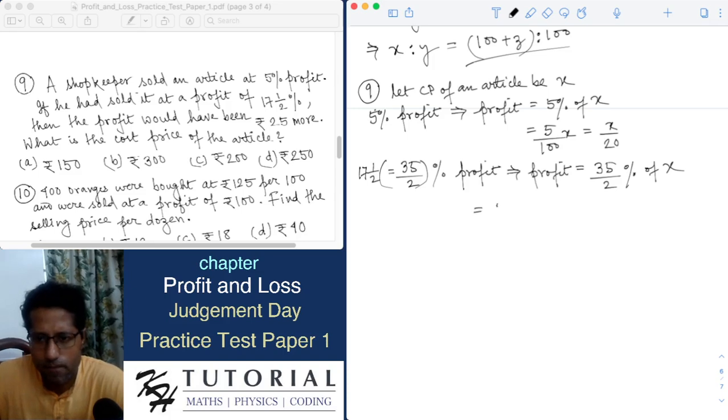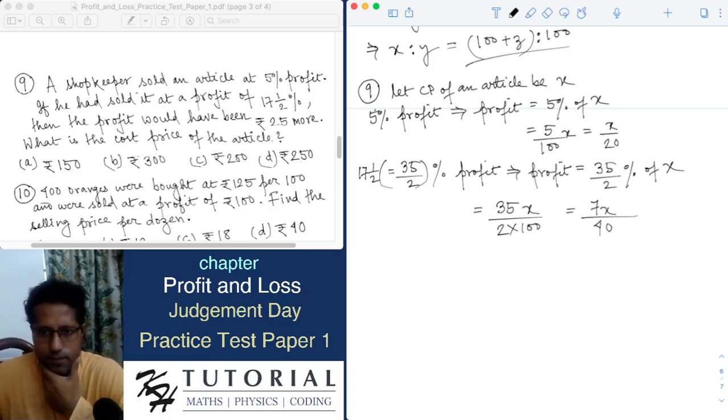This equals 35 by 2 divided by 100 into x. This is 7x by 40.